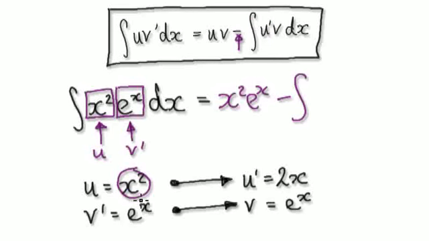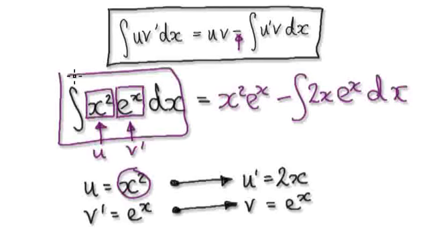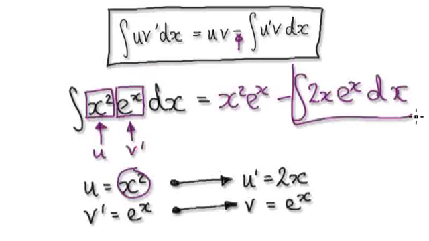So u prime would be here, and then normal v here. So that would be e to the x, and then this dx here. So rather than trying to integrate this here, we would try and integrate this. You see, this is slightly easier here. We've got an x here. This here is a constant, so let's take it out.